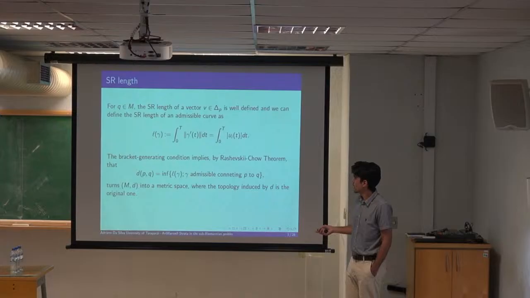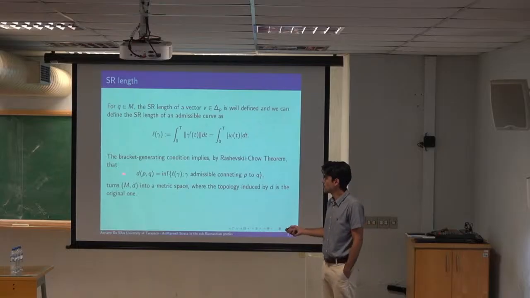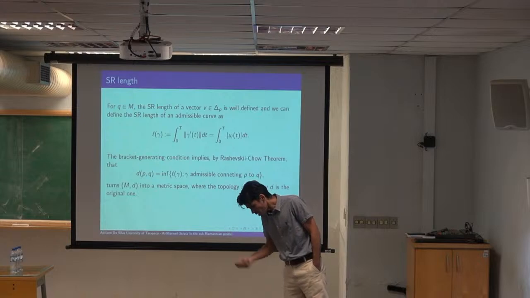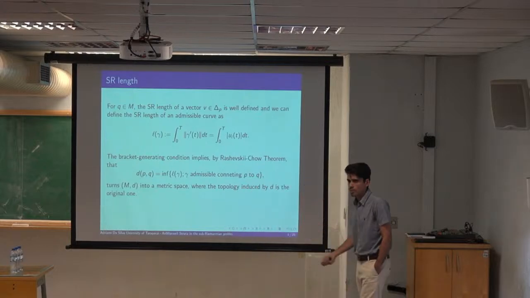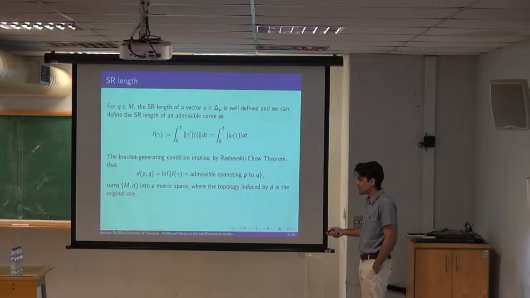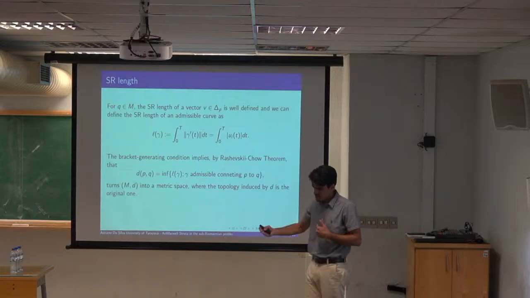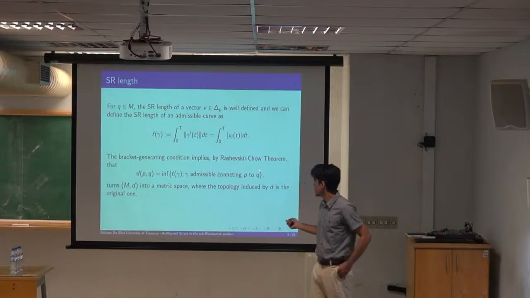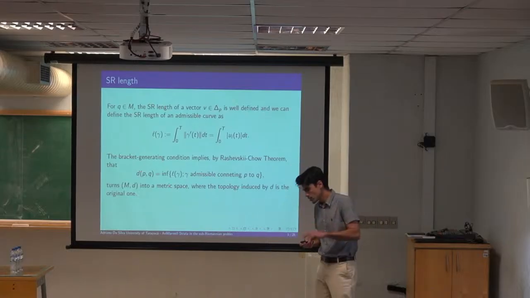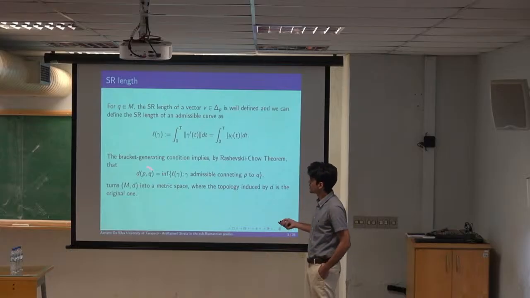And the bracket generating condition, by the Rashevskii-Chow theorem, implies that the system is controllable, meaning that you can connect any two given points. That forces the distance to be finite, and actually an extension of the Rashevskii-Chow theorem shows that this distance is not only finite, it's continuous, and generates the same topology as the manifold.